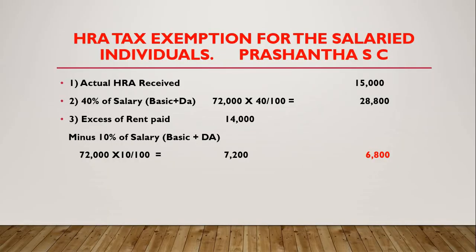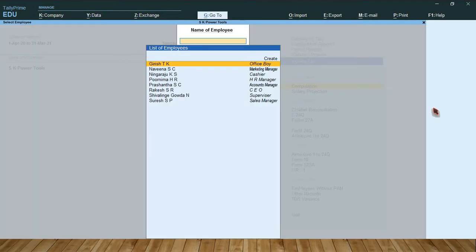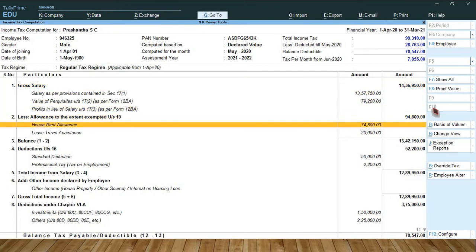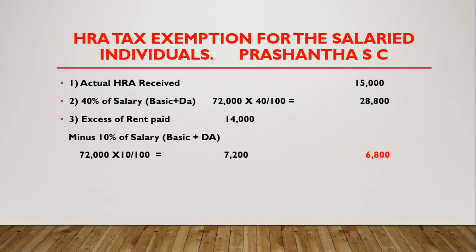So next, Prashant SC. His house rent allowance exemption amount is 74,800. The actual rent received is 15,000. 40% of salary: 72,000 into 40 divided by 100, 28,800. Excess of rent paid: 14,000. Every month he paid 14,000, as declared in the income tax declaration report.